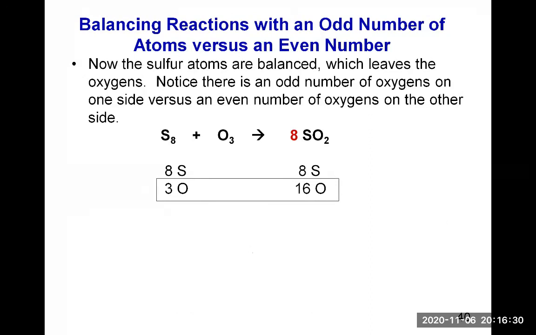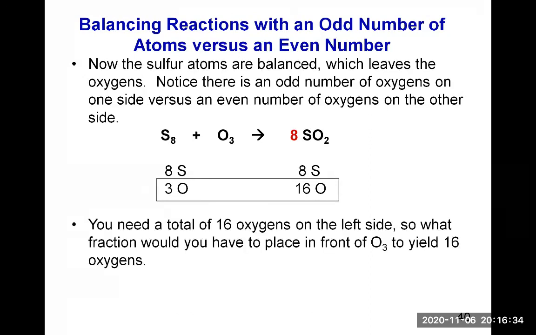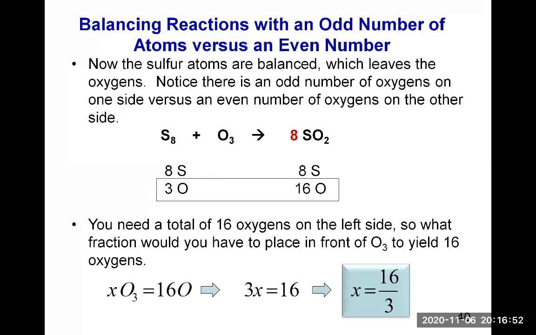So to make it 16 on the left side, how do we do that? We want a total of 16 oxygen on the left side. So what fraction would you have to place in front of O3 to yield 16 oxygen? Whatever coefficient you put in front of O3, let's call it x, so x times O3, you want it to be equal to 16 oxygen.